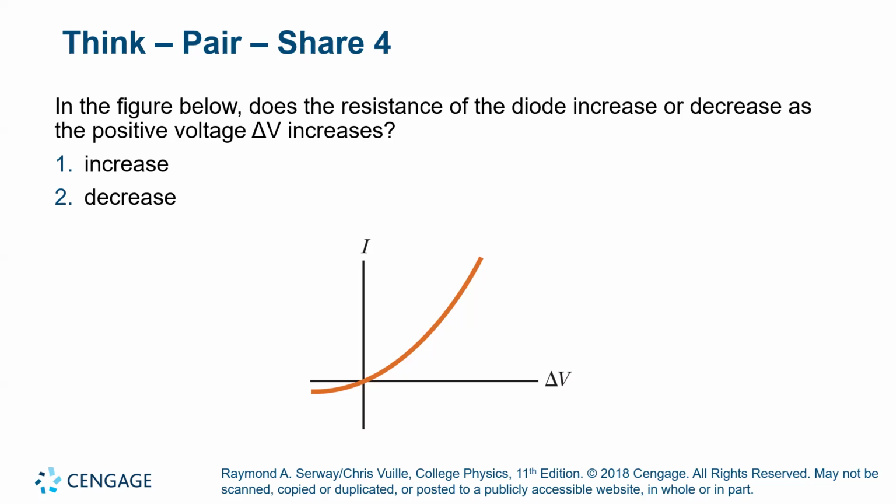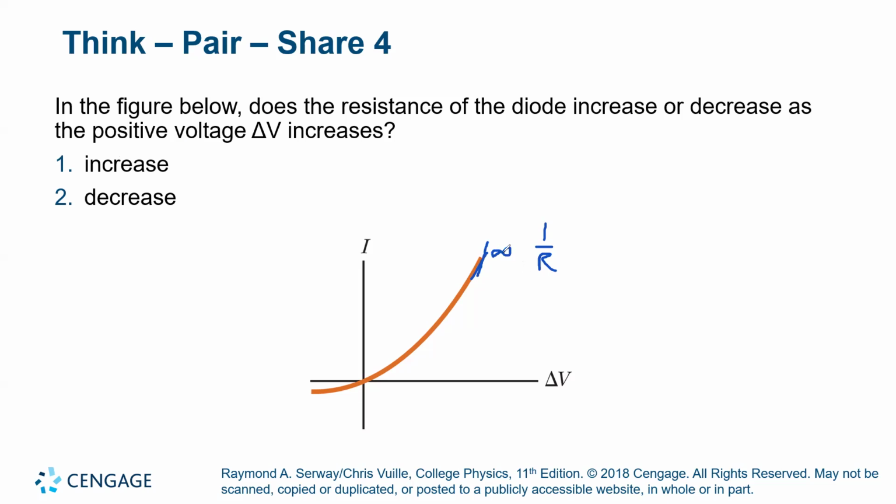All right. So in the figure below, does the resistance of the diode increase or decrease as the positive voltage increases? Well, remember that this slope here gives me 1 over R. So as I become steeper, my slope is actually going to infinity.